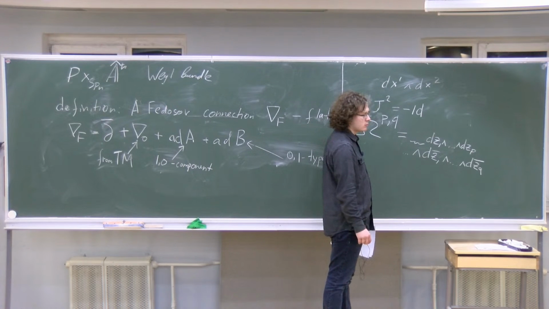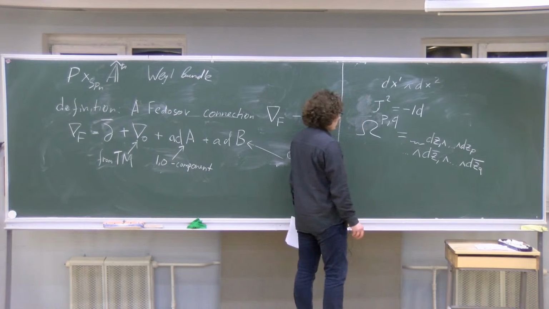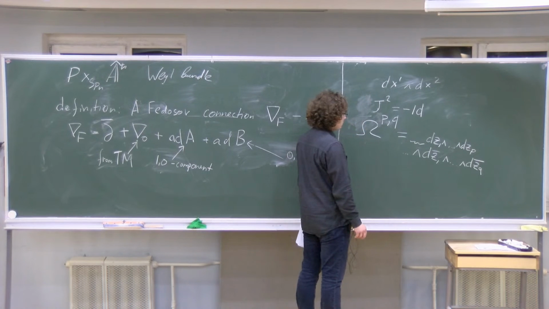So dz is like this, but dz bar will be dxi minus square root of minus 1 dyi, right? Yes.